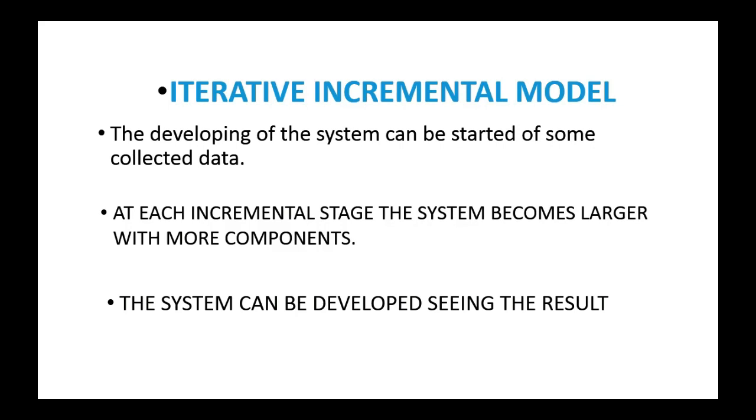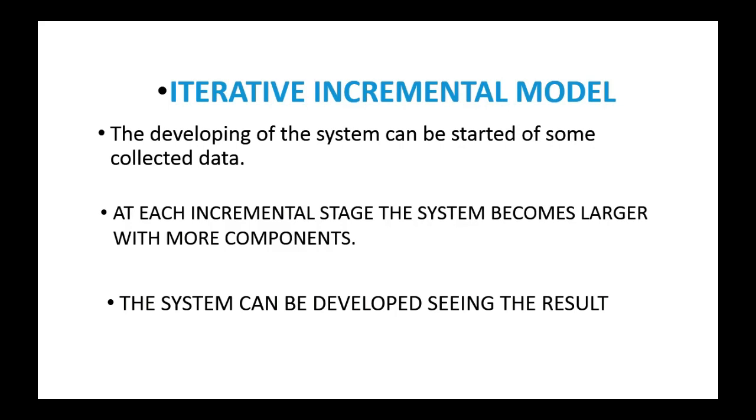In each incremental stage the system becomes larger. While we are developing the system we can get more information from that institute, then we add it to our information system. Like that the system becomes larger and larger. We always see the result of this iterative incremental model, so there can be fewer errors.